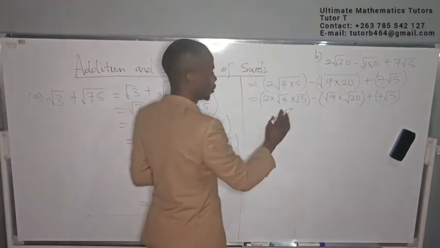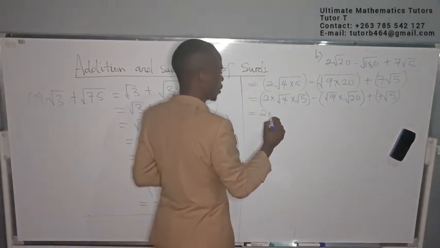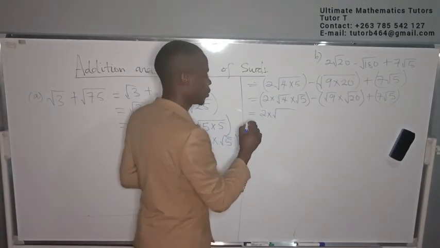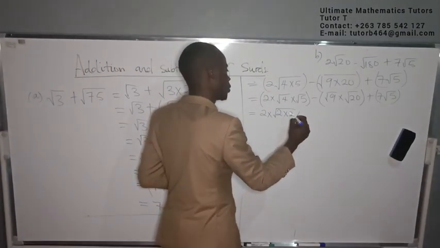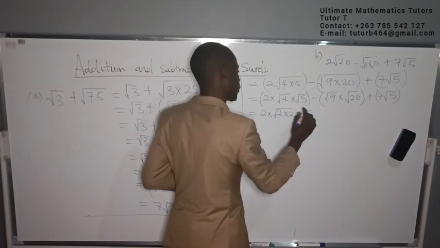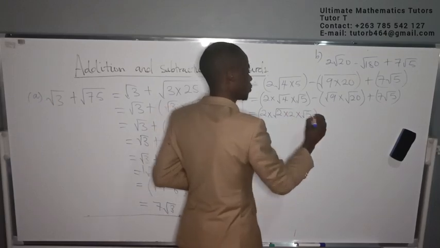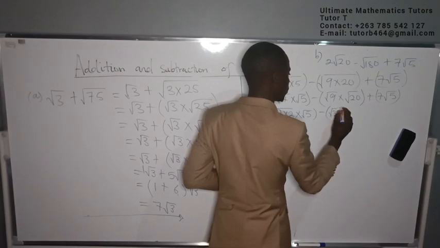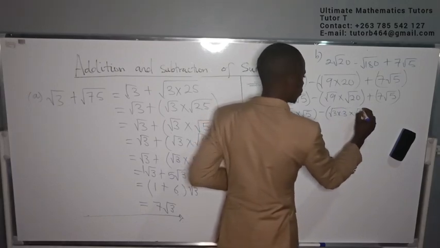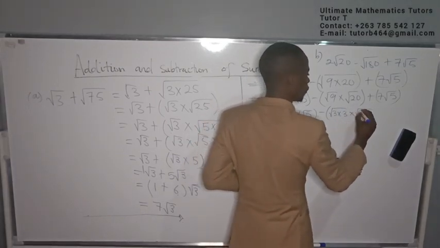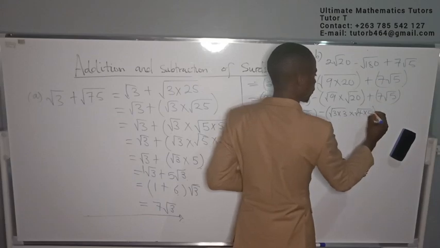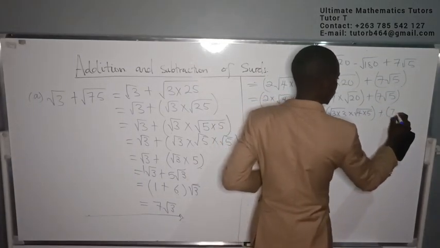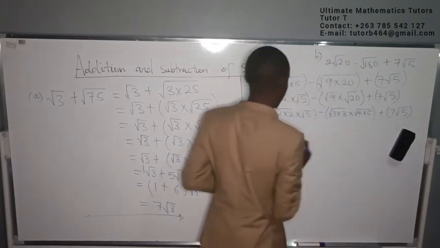Right, so here we're left with 2 times, two numbers which we can multiply and give us 4, which is 2 times 2, times square root of 5, minus root of 3 times 3 times root of 4 times 5, plus 7 root of 5.